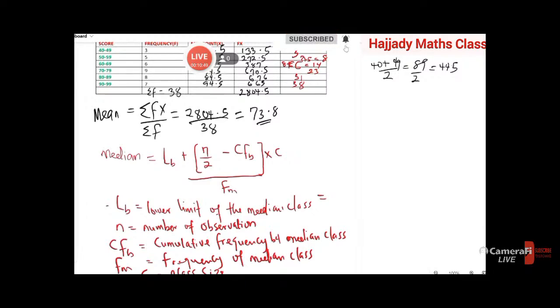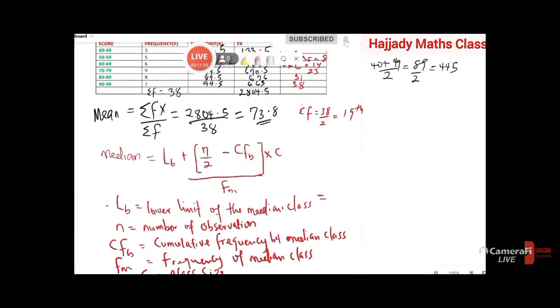Now let's check. Since our summation F is 38, our median class is going to be over 2, which is the 19th value. So where does our 19th value fall? We can see that it falls on this region. So this is going to be our median class.